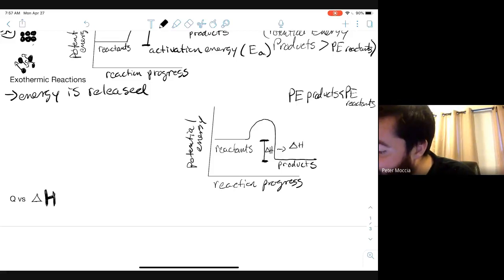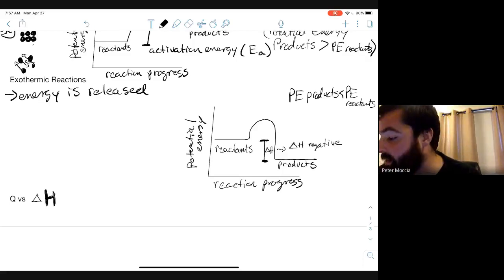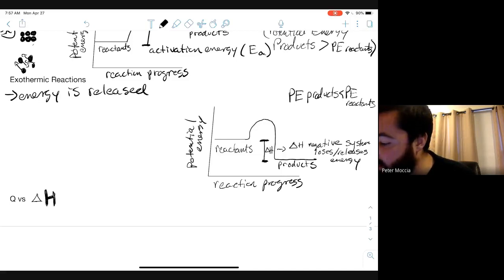Delta H is negative because the system loses/releases energy. Okay, so delta H is negative here.